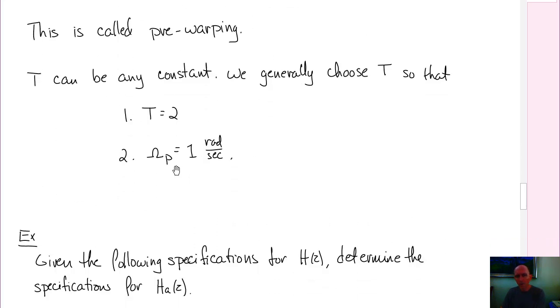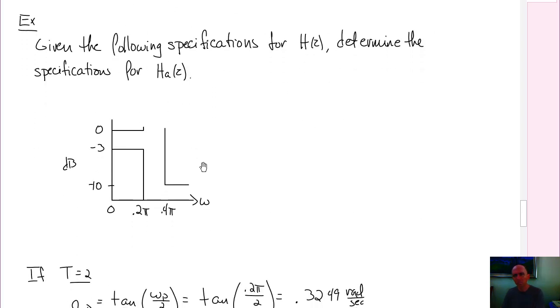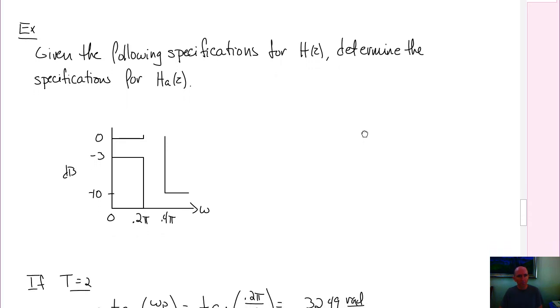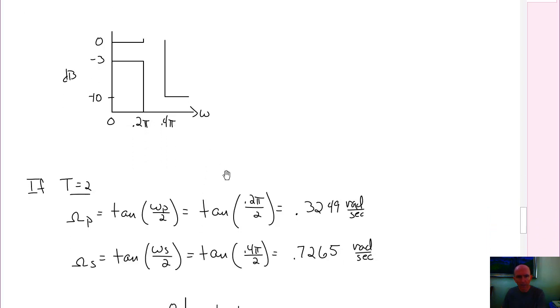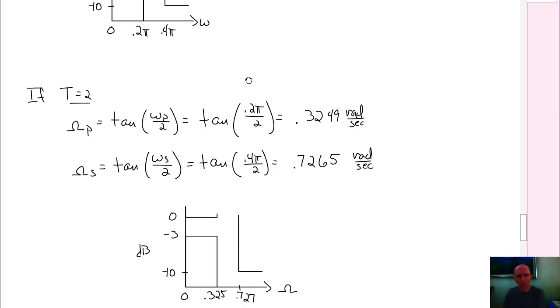Or we choose a T so that omega p is equal to 1. Let's do an example to see this with numbers. These are our given specifications, 0.2 pi and 0.4 pi, as the pass and stop frequencies. And let's do our pre-warping both ways.